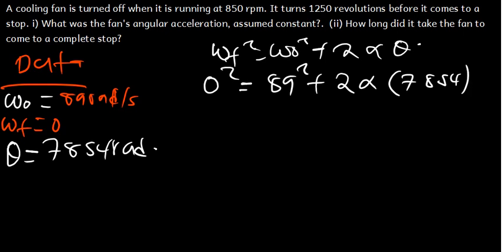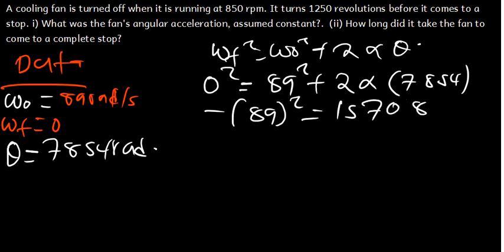Shifting to the other side, negative 89 squared is equal to 7,854 times 2, which is 15,708, times alpha.